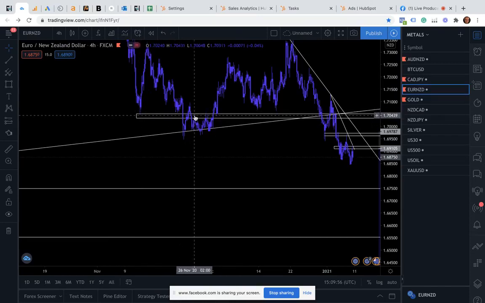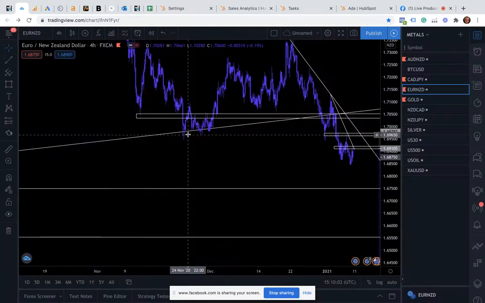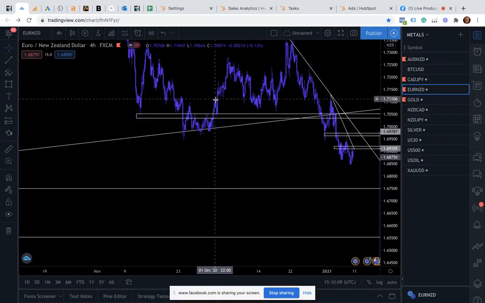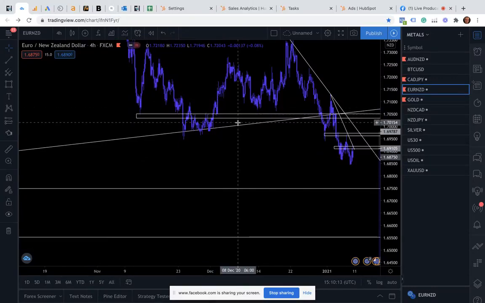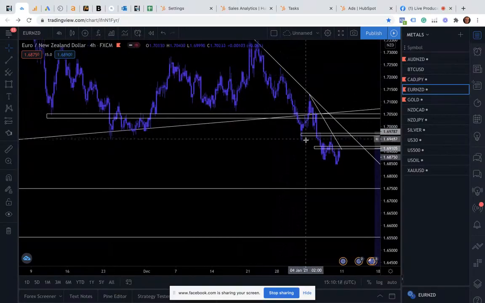It's been respected here, so every time price approaches this zone, it's pushed away, and then if it's broken through, it's used it as resistance again, pushed down, tried to push back up, and then we've broken through, used it as support. So every time price goes to this zone, we can see that it's been respected very well. Then we've actually broken through this weekly trend line. So automatically, if this has been in a bearish trend for years and it's broken a weekly trend line, we know that we want to be paying attention to it.